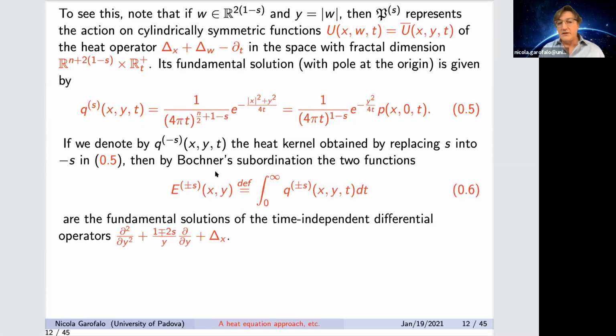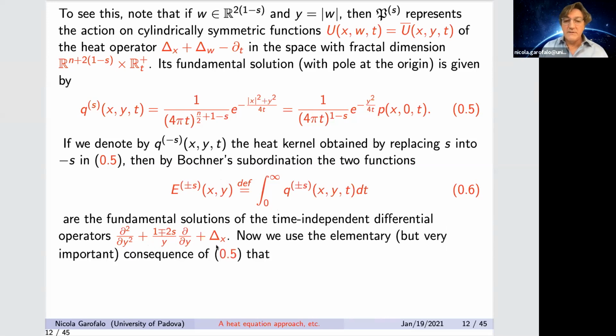And then we know that by Bochner's subordination, the integral in time of the fundamental solution of the heat operator provides us with the fundamental solution of the time-independent differential operators written here. One of them is the Caffarelli-Silvestre operator. The other one is the intertwined operator.